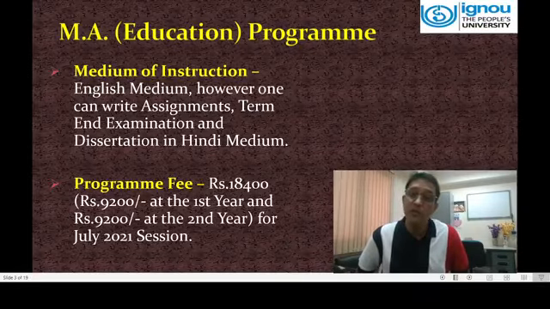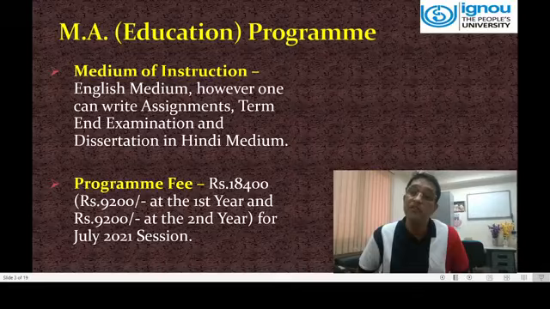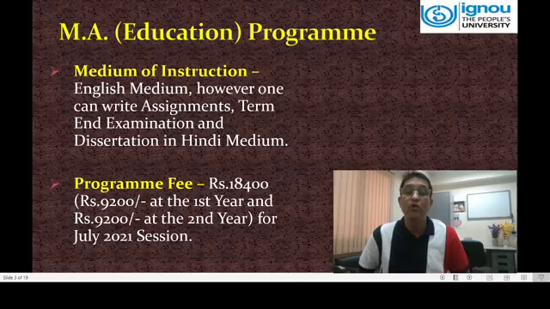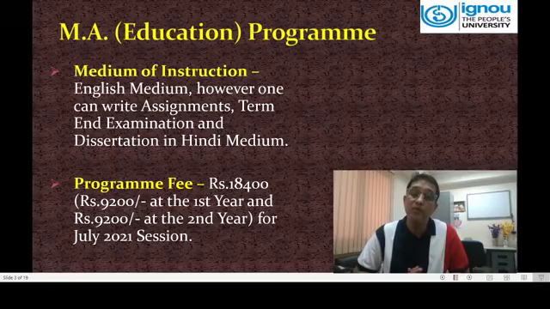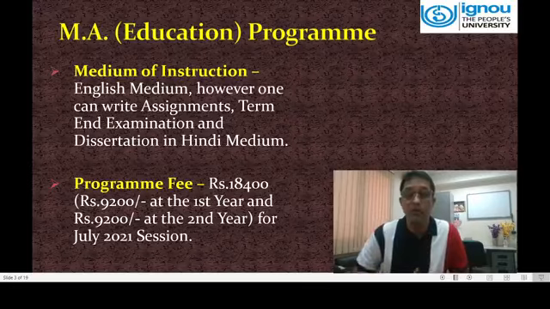That dissertation report you are supposed to submit at your concerned regional center, and it will be evaluated. So friends, these are the 2 major things that you have to do in your dissertation course: prepare a research proposal or synopsis, and prepare the research report.